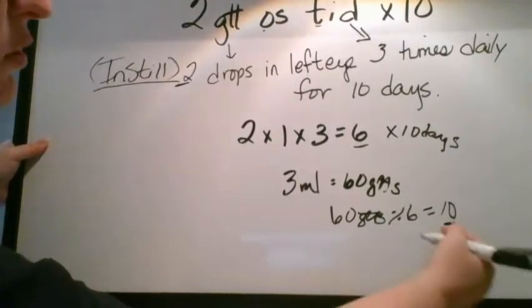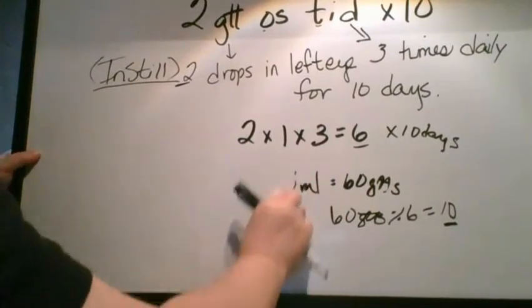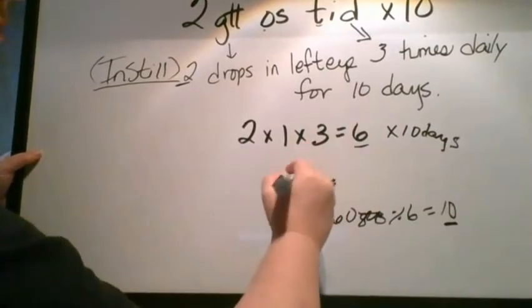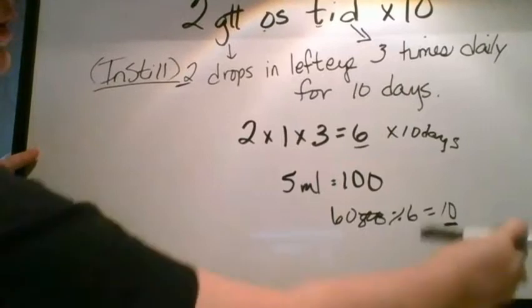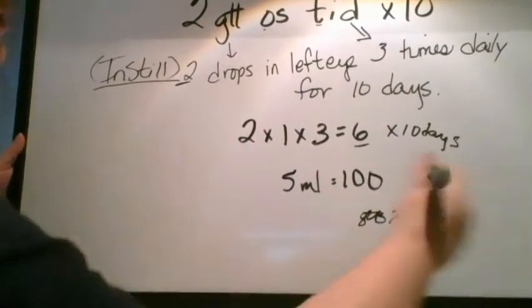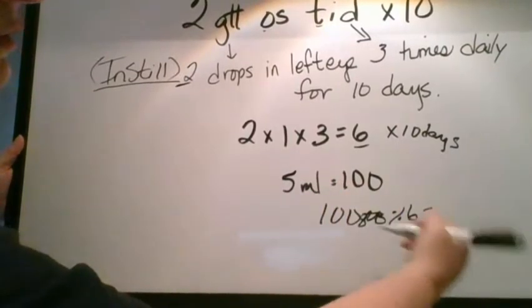If they got a 5 ml bottle, your 5 ml would be 100 drops. 100 drops divided by 6.